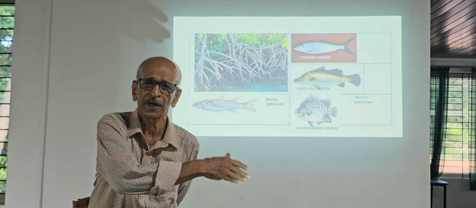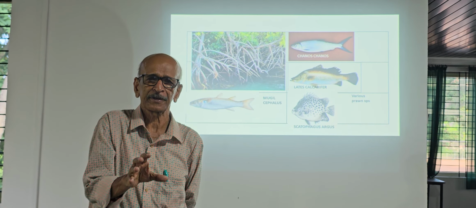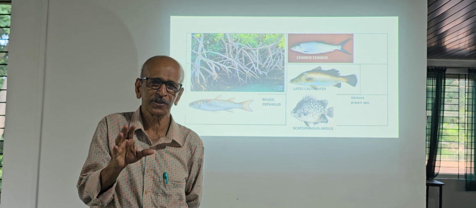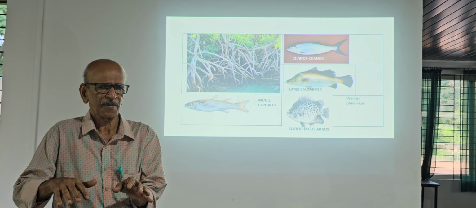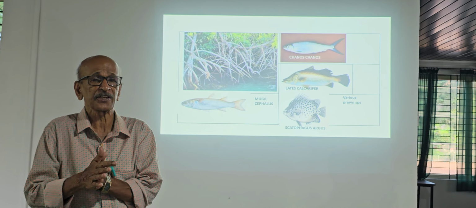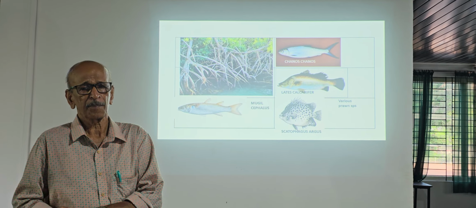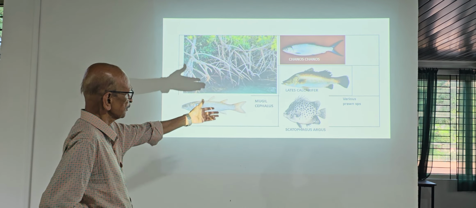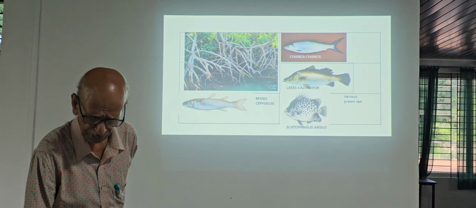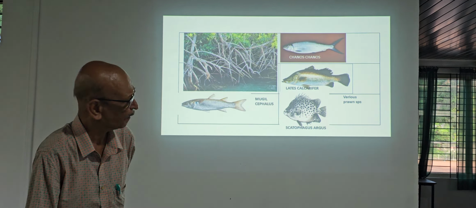They are also found in the clear water, but the juveniles are more in the mangrove area because mangroves have a lot of detritus. So nutrient richness is very high in the mangrove area, and these fish feed on the detritus also, and detritus based organisms.